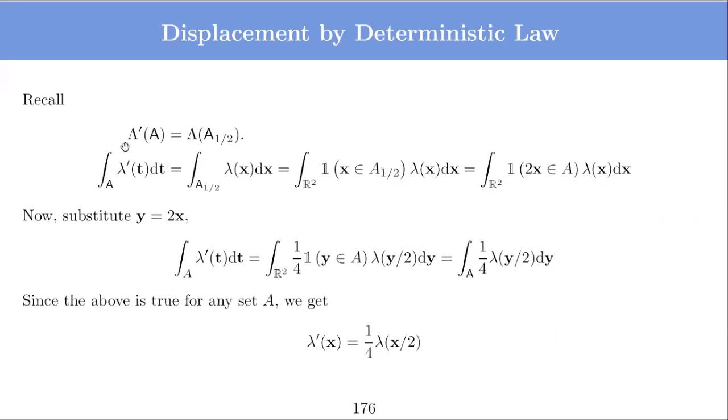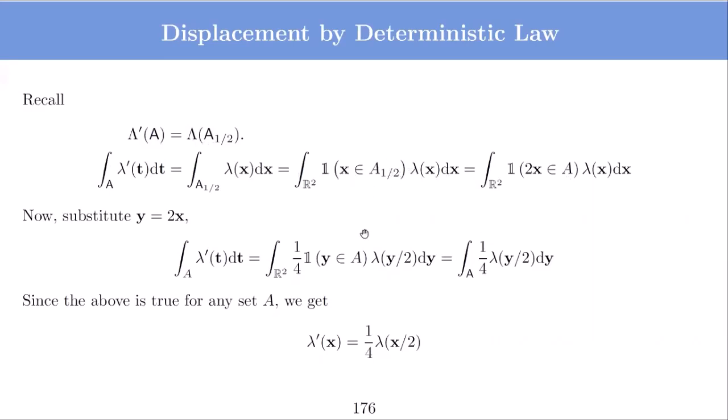Okay, so how do I write it? Lambda dash A equals lambda of A half. This we have proved. Now the integration: this is the integration of lambda dash t, and this is the integration of lambda x dx over A half. And then this is nothing but the integration over R^2 of the indicator x belongs to A half into lambda x dx. And then I substitute: x belongs to A half means 2x belongs to A. Okay, this is by definition.